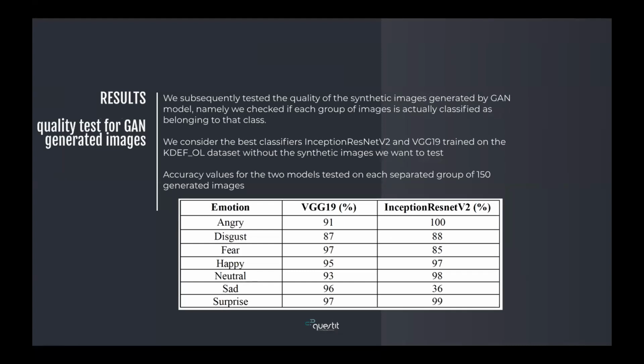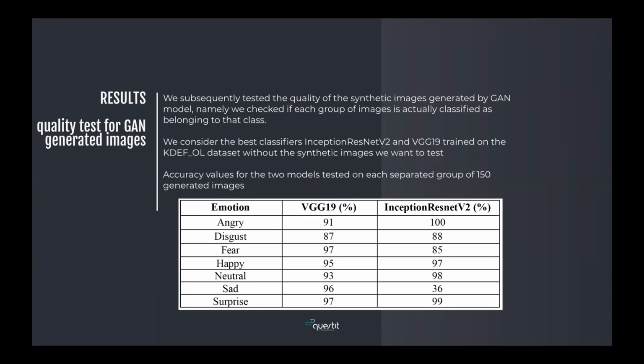The last experiment that we made is to test the quality of the synthetic images that we generate with the GAN models. Namely, we checked if each group of images that we generate actually is classified as belonging to that class.